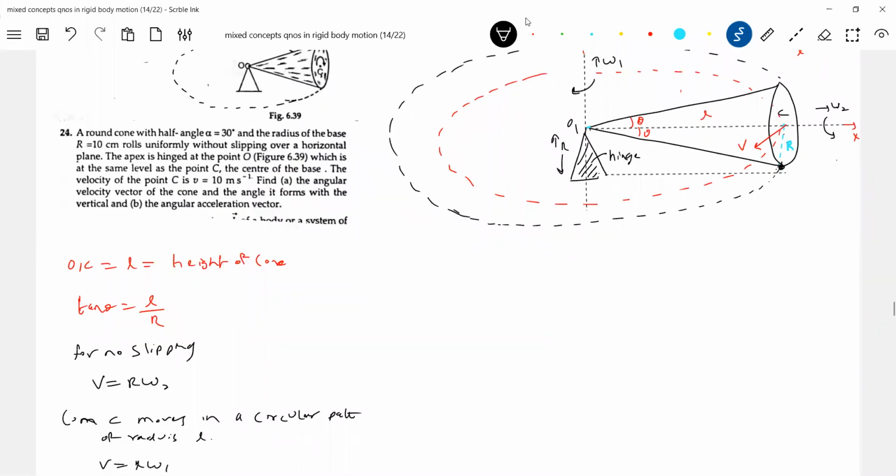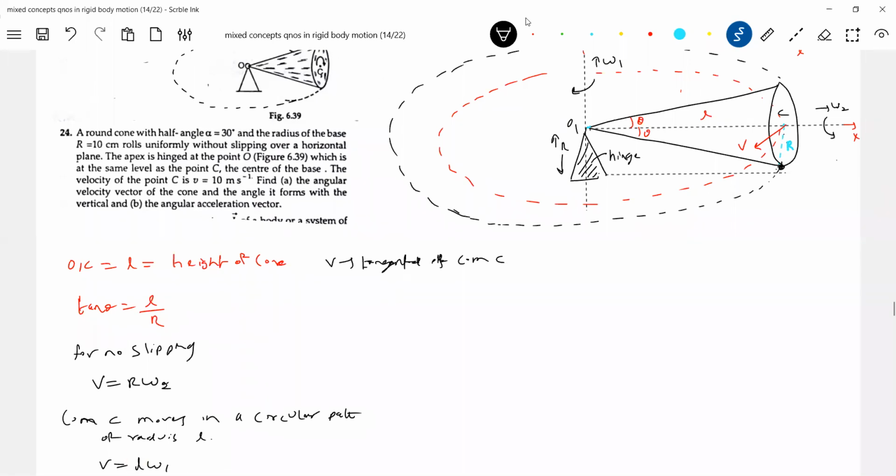I think this is the crucial part of the problem, if you are able to break up this much. So what is V, finally? It is the tangential, linear velocity of the center of mass C, and that V is related to both omega 2 and omega 1 by this condition.